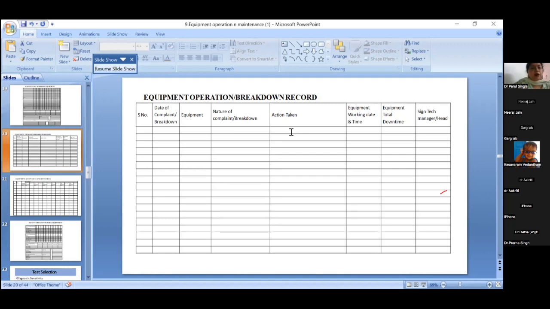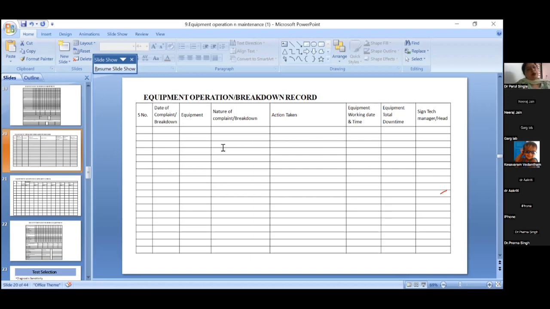If the engineer told you something on the phone, do this, just record that. And after that if your equipment started working, then write the date and time. If not, then you have to wait for the engineer, he will correct it, then you will write the next day's date if it was fixed the next day. And the total downtime, whether your equipment was down for 2 hours or for 2 days, you will record that. And the signature of the technical manager available there or the head of the department, whoever is available.